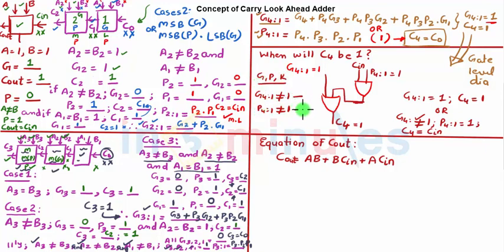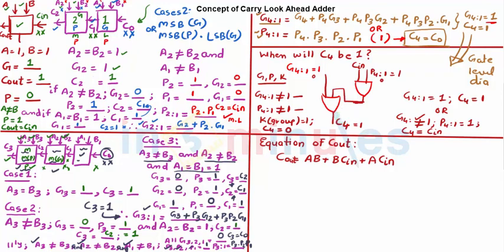So if both are not 1, that means group kill would be equal to 1, and that means my C4 should be equal to 0, which you can easily get from this gate level representation also. If this is 0 and this is 0, then your output C4 is going to be 0, and hence we get an adder where we can predict the carry by just looking at group generate and group propagate.